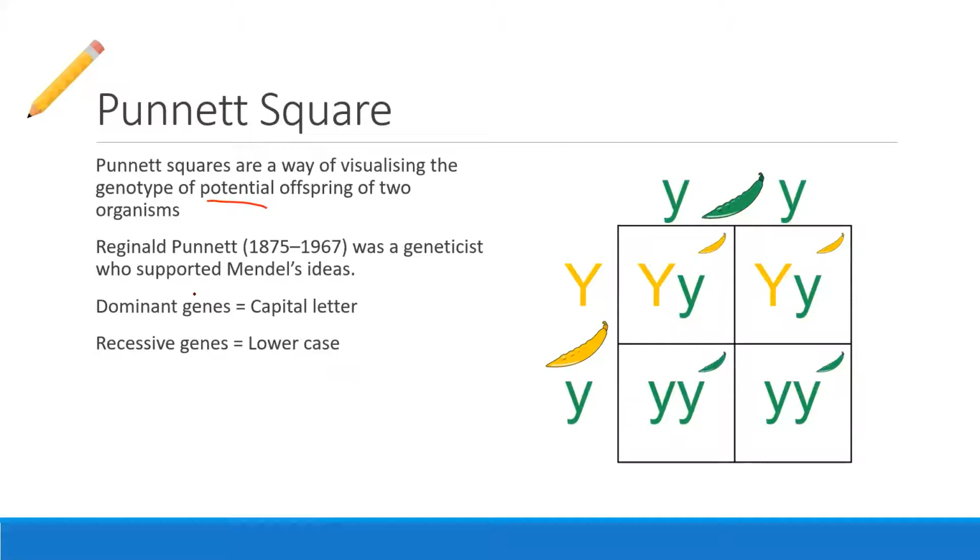So we've got this one, which is yellow, not yellow. This is homozygous, or in this case a purebred, because it's only got one kind of gene, whereas this one here is heterozygous.